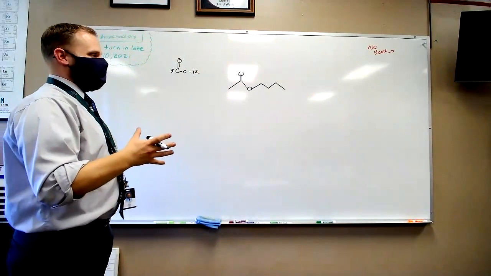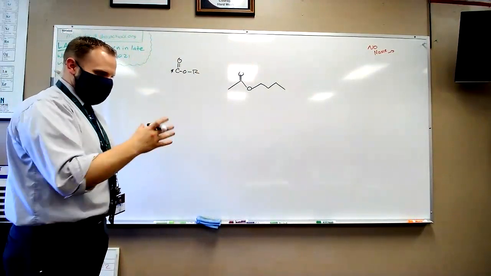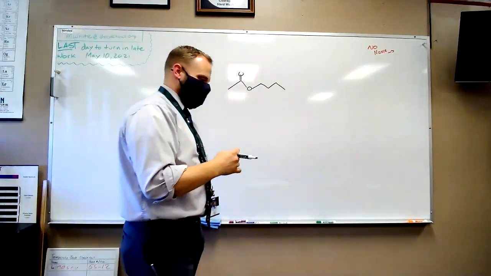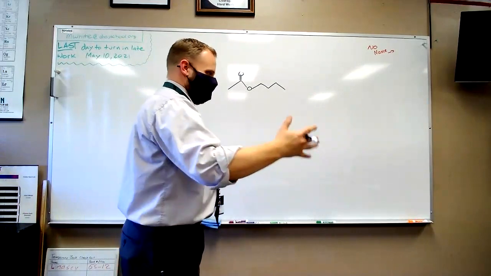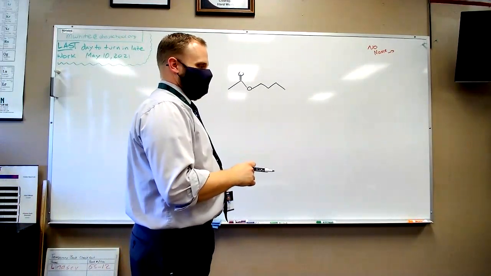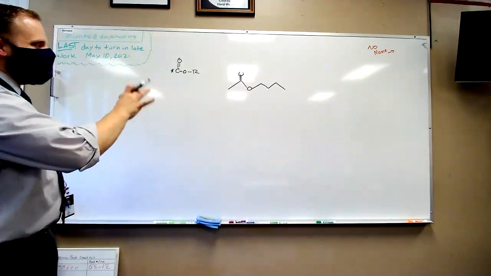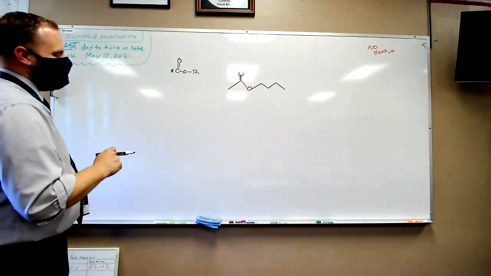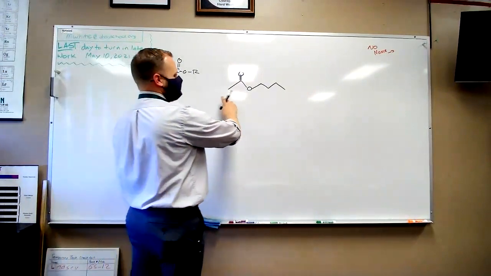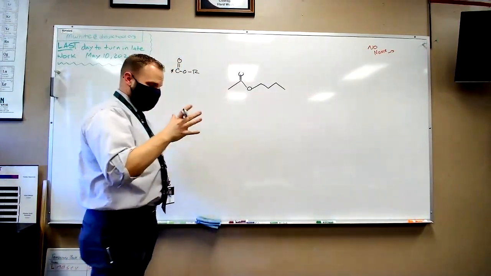Now, with an ether, what we did was count them up, whichever one comes first alphabetically, that's what we're going to put first. This is a little bit different. With esters, we have an absolute parent chain.